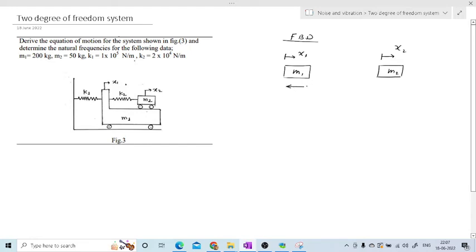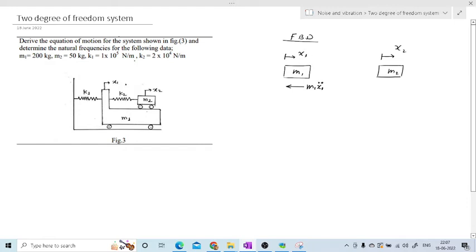Inertia force is nothing but F equal to ma, that is m x double dot. For mass 1, the mass is m1 and its displacement is x1, so the inertia force is m1 x1 double dot, in the opposite direction to the displacement x1.